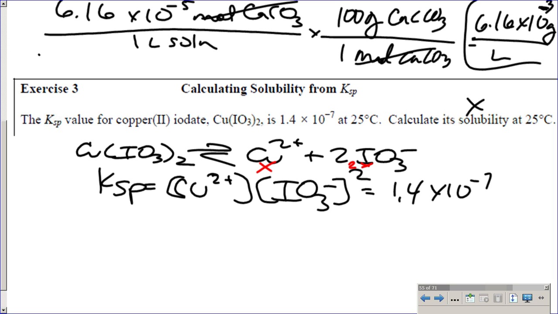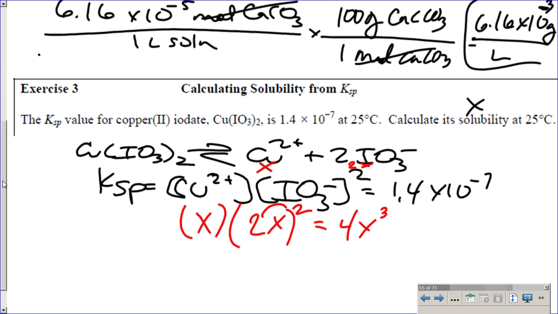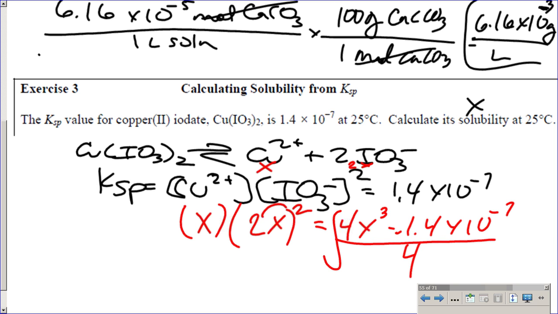So then in my concentrations, copper 2 is just x, but iodate is 2x, squared. Simplify that. 4x cubed, because 2 squared is 4, and then x squared times x, so you add their exponents. So 4x cubed is equal to 1.4 times 10 to the negative 7. Divide by 4 and cube root that thing.